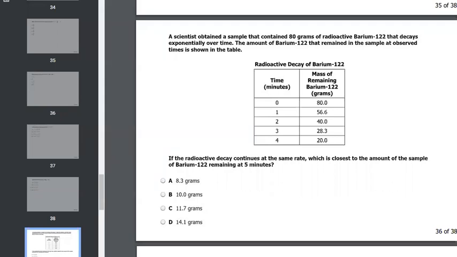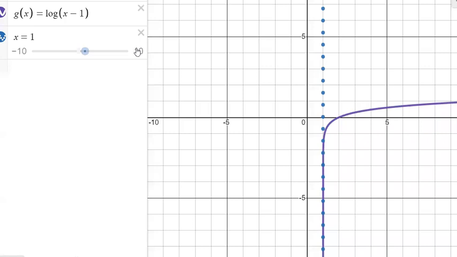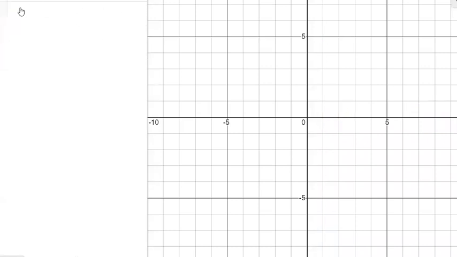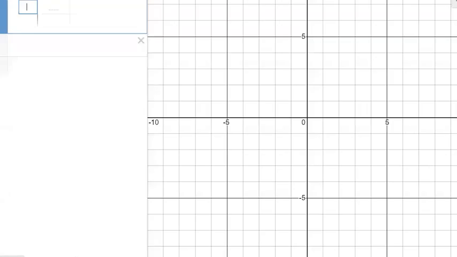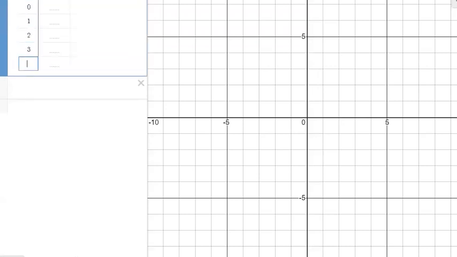Okay. So let's go to Desmos. Let's get rid of everything and start a table. We'll put all the x values on the left side, so 0 through 4. And then the y values are going to go on the right side.